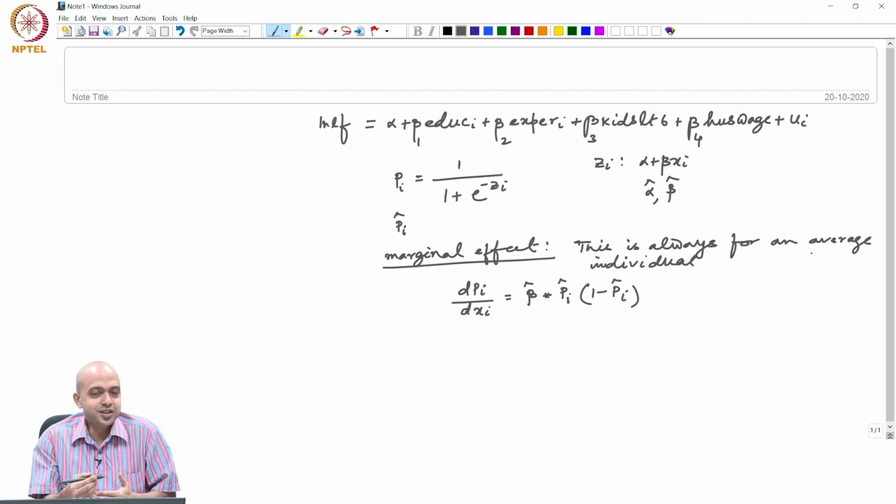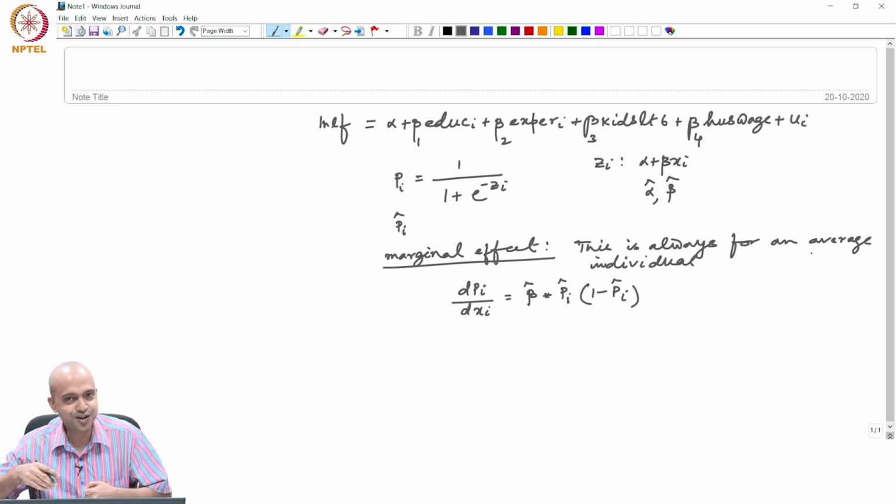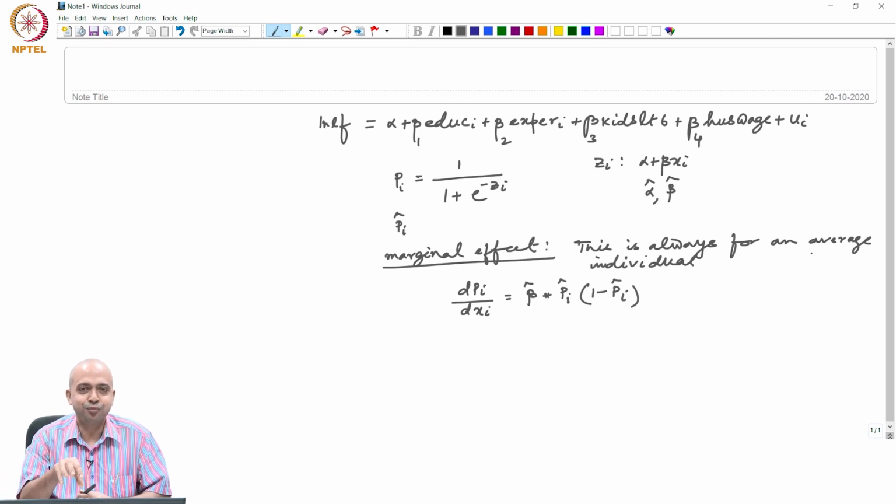That means this average individual is actually an imaginary concept, okay, because in your data set no one has that level of education, right? Every individual has her own level of education, own level of experience, kids and husband's wage. But interestingly, my marginal effect concept is related to only that average individual that may or may not exist.